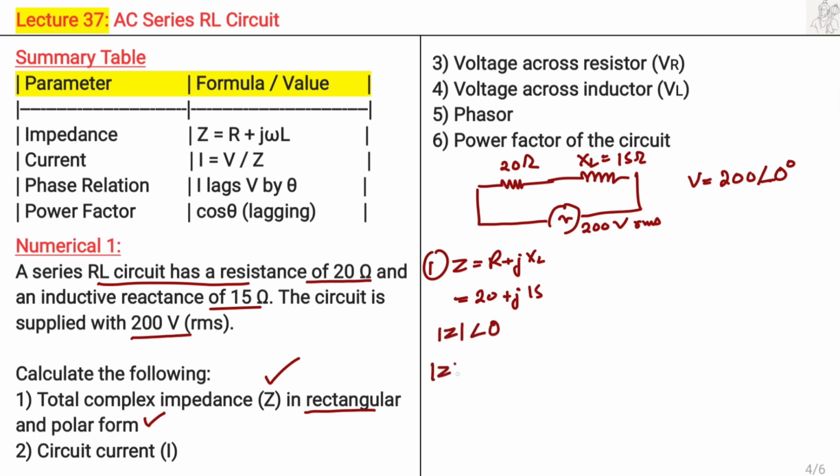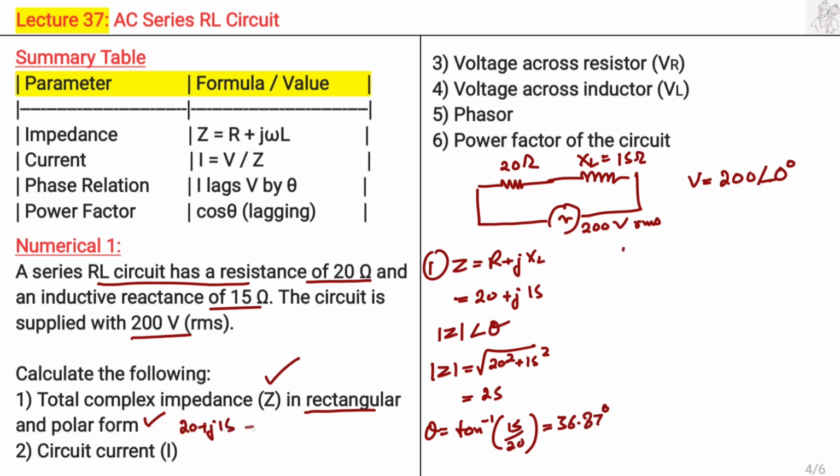So impedance is simply equal to under root of R square plus XL square, that is 20 square plus 15 square, and this comes out to be 25. Angle is simply tangent inverse of XL by R, that is 15 by 20, and this comes out to be 36.87 degrees. So the impedance is 20 plus J15, which is same as 25 angle of 36.87 degrees.